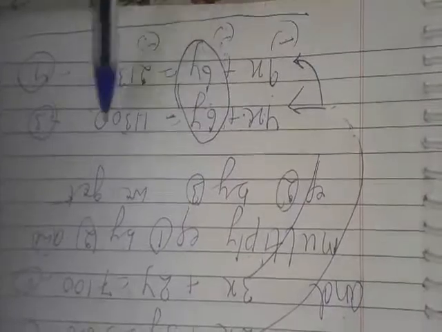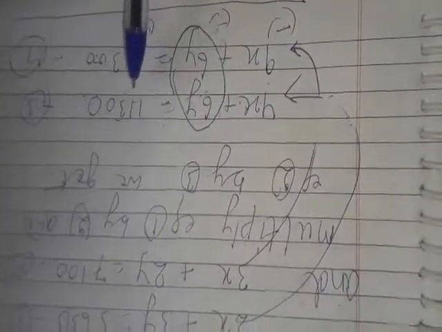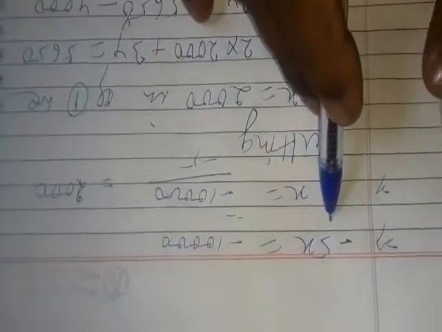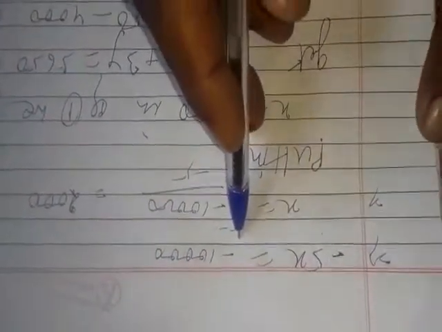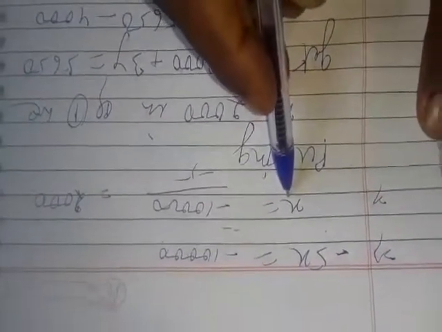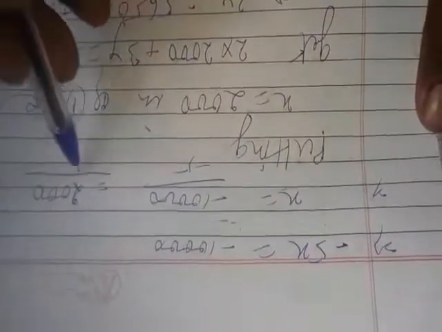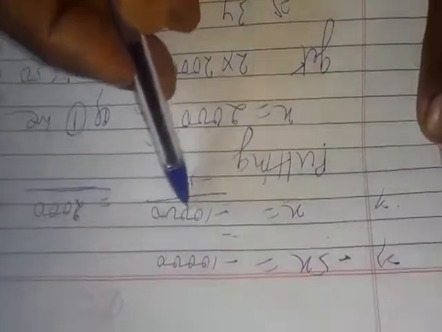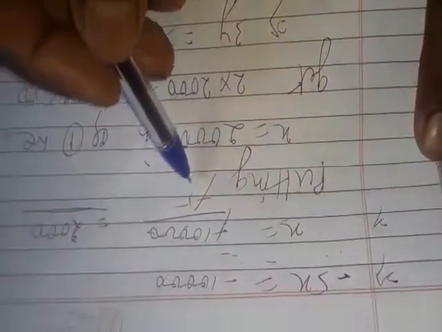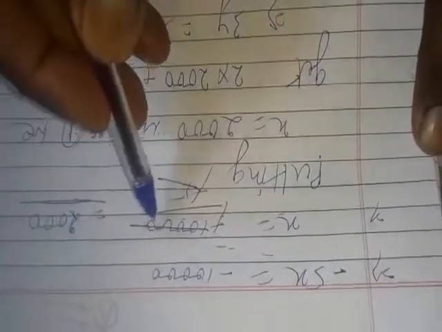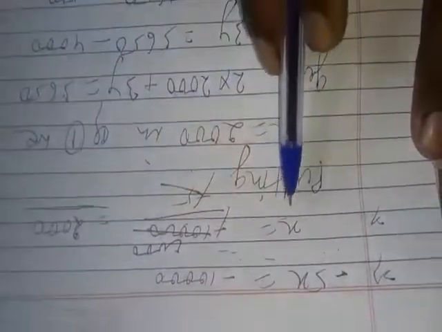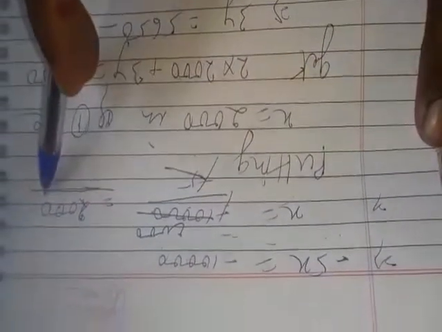With the simplification we get minus 5x is equal to minus 10,000, which gives us x is equal to 2,000. We will divide this minus 10,000 by minus 5. The minus signs cancel out and 5 goes into 10,000 2,000 times. Thus we get the value of x is equal to 2,000.